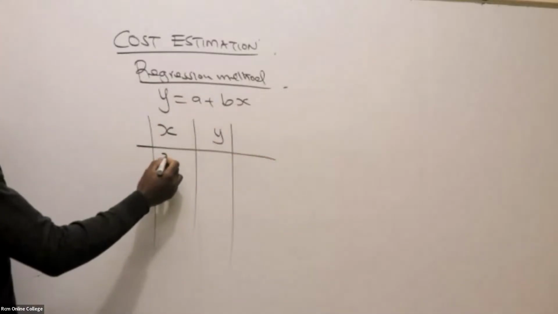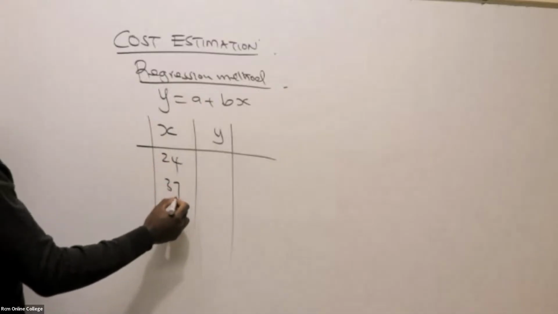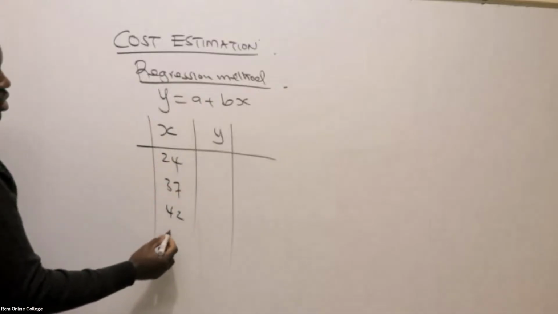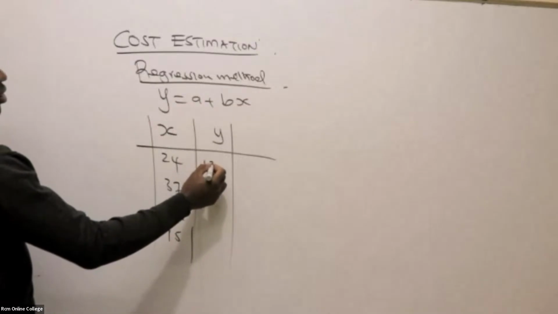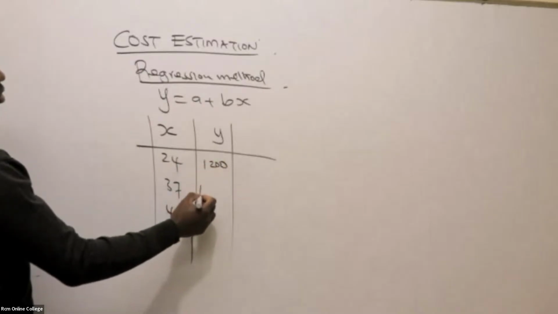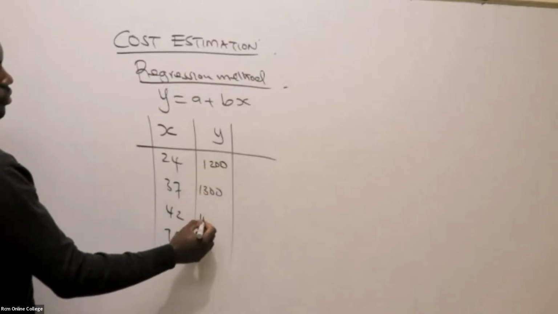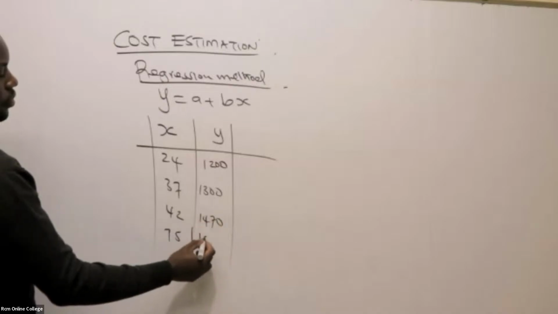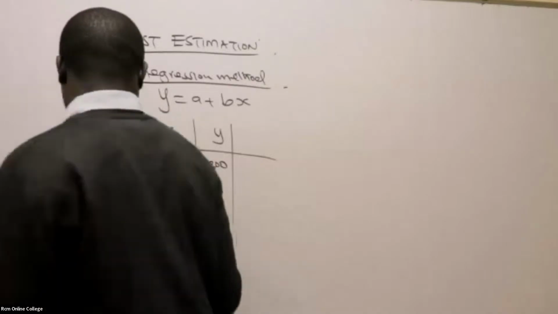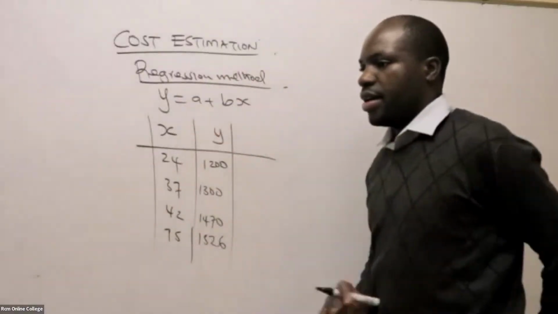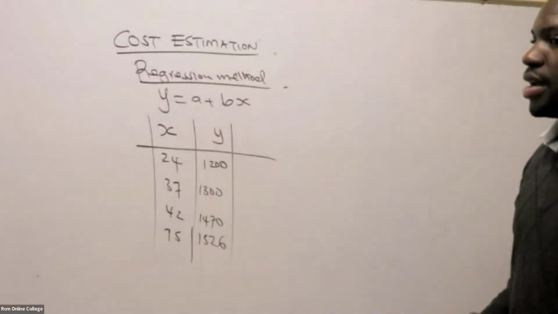So maybe your x is 24, 37, 42, 75. Then this here, 1,200, 1,300, 1,470, 1,526. That is your cost. That is your data, x and y.